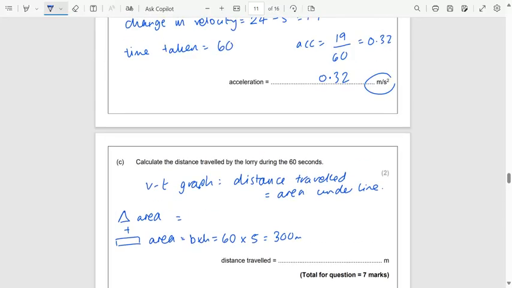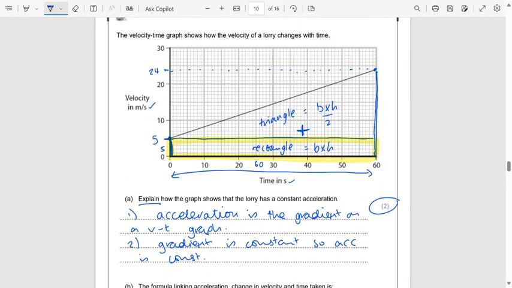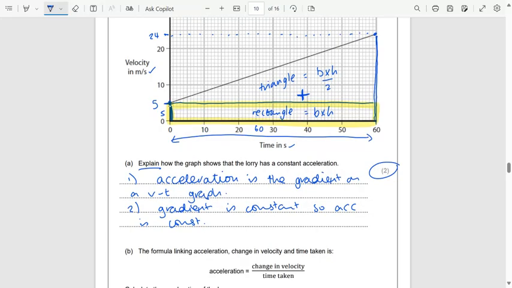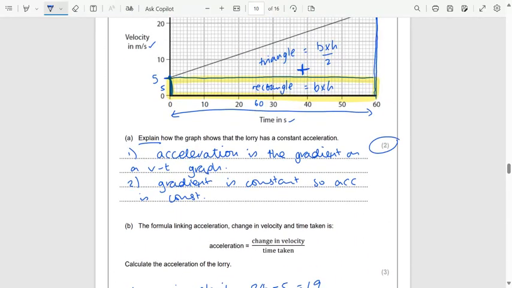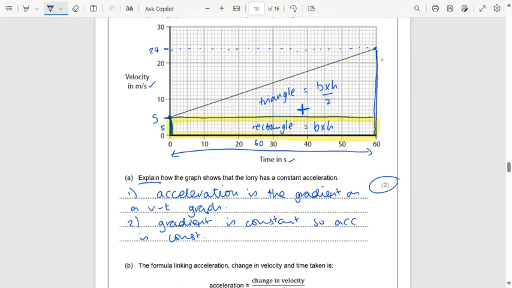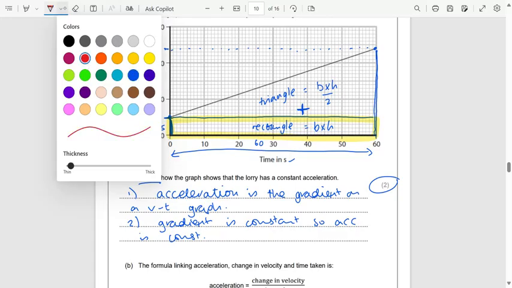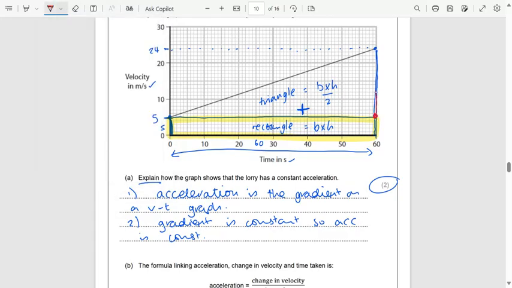The triangle area is base times height divided by 2. So again, the base is 60. And the height is from this point up to this point.